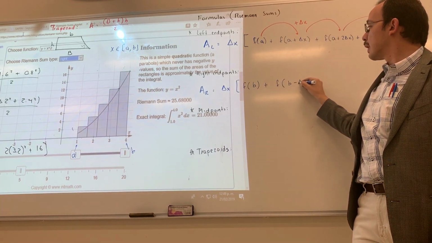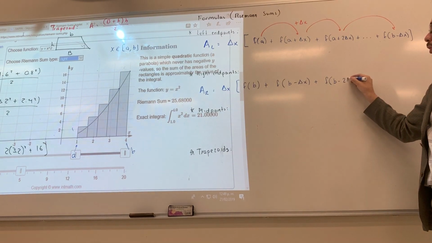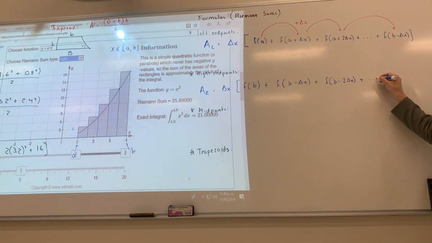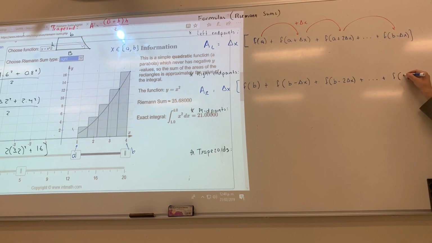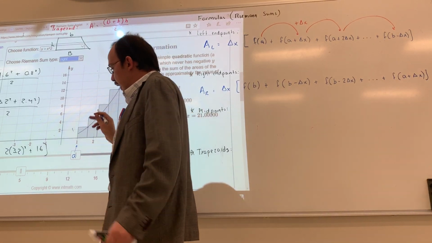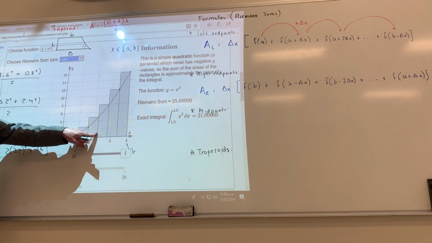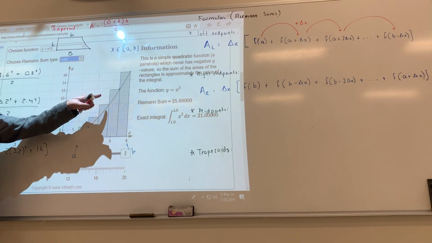B minus delta x, plus f of b minus 2 times delta x, and so on until f of a plus delta x, which is the last one. Remember, we're taking the points that touch the graph, not the ones that are outside the graph or below the graph, the ones that touch the graph.